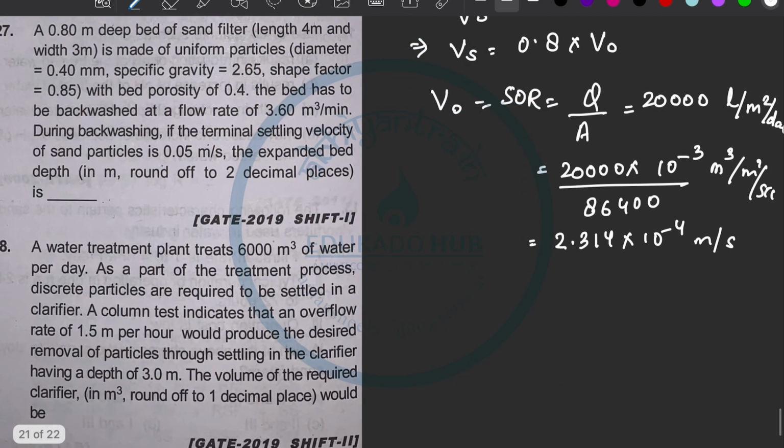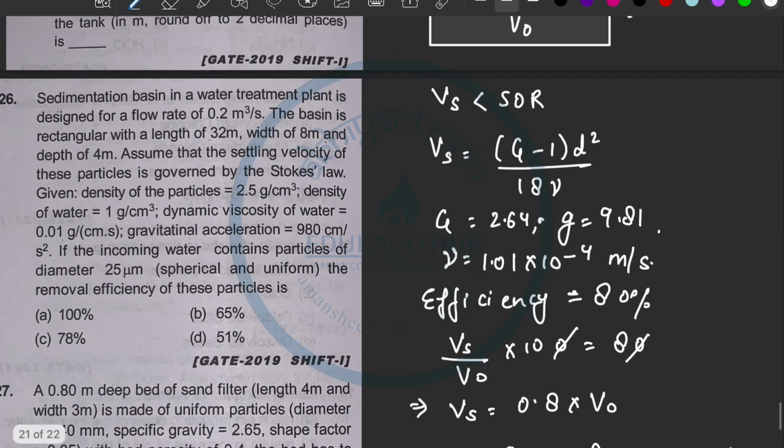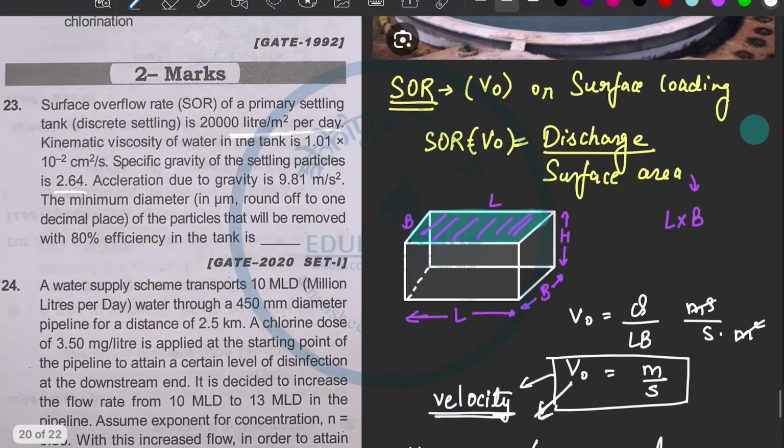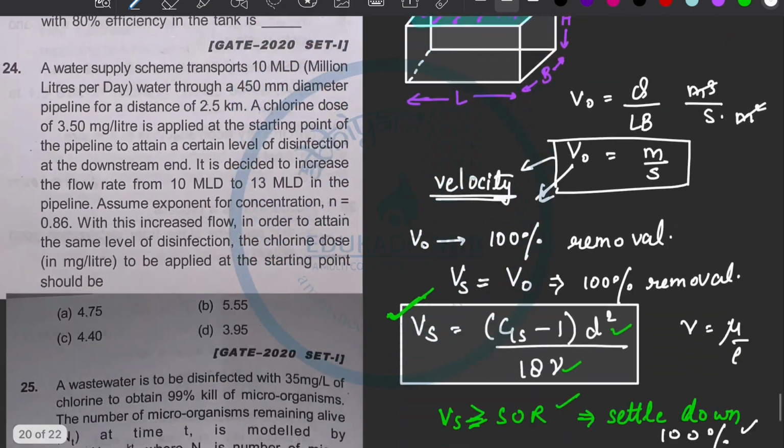Now if V naught is known to us, Vs is equal to 0.8 times V naught, that is 0.8 into 2.314 into 10 to the power minus 4, which is 1.85 into 10 to the power minus 4 meter per second. Now we know Vs. They are simply asking about the minimum diameter that can be removed.